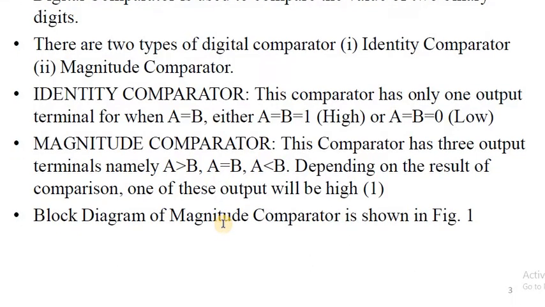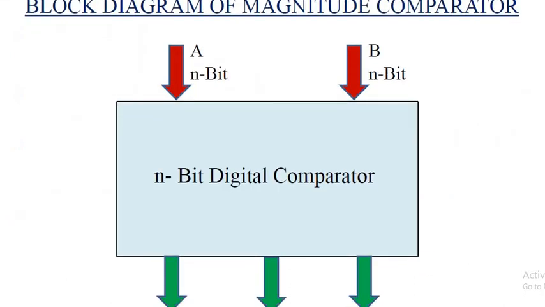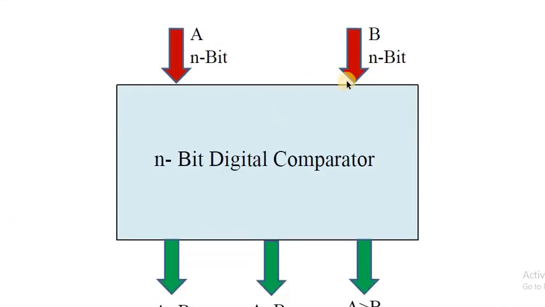Therefore, the block diagram of the magnitude comparator shows A and B. These are the two inputs which are given. A we consider as n bits, and B also as n bits. Whether it is a single bit, a 2-bit, 3-bit or 4-bit magnitude comparator, no issue.